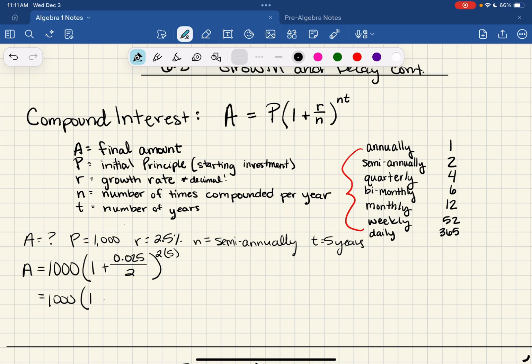So what is 0.025 divided by 2? 0.0125. 2 times 5 is 10. That is our number that we're going to type into our calculator: 1,000 times 1.0125 to the 10th power. It means it's being compounded 10 times.